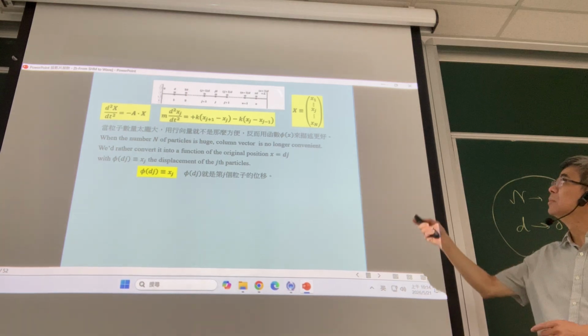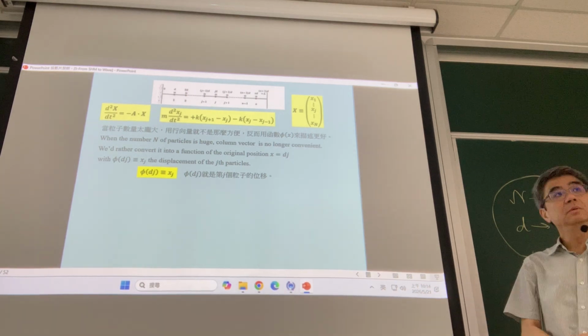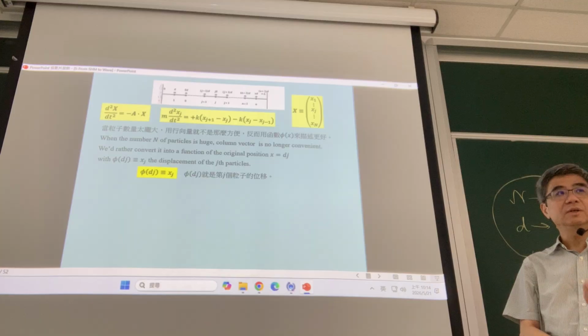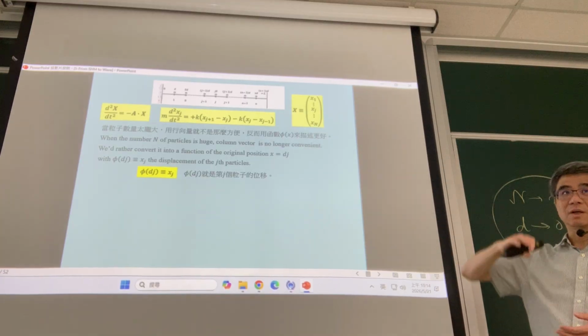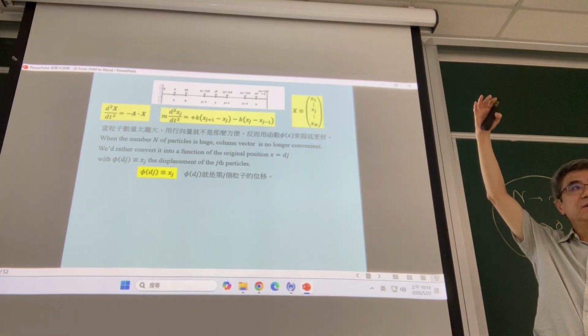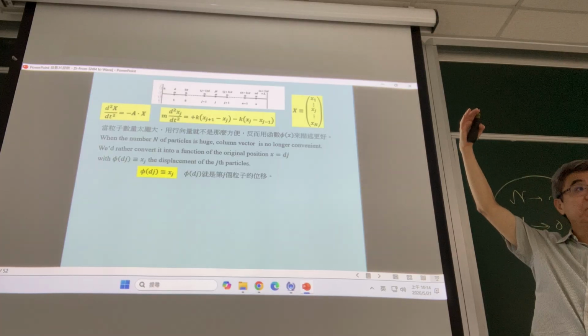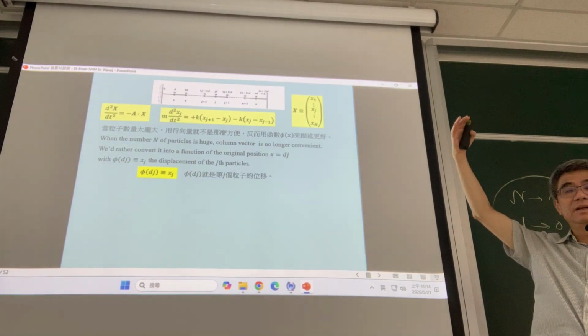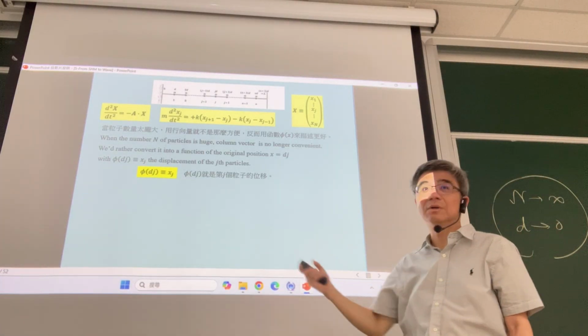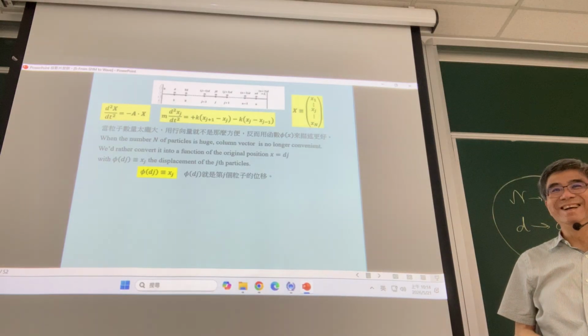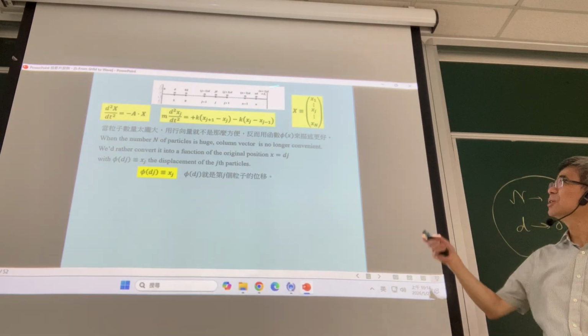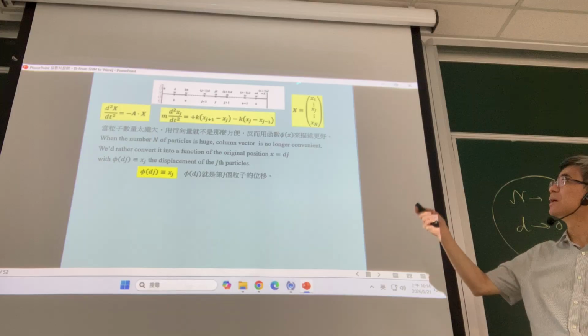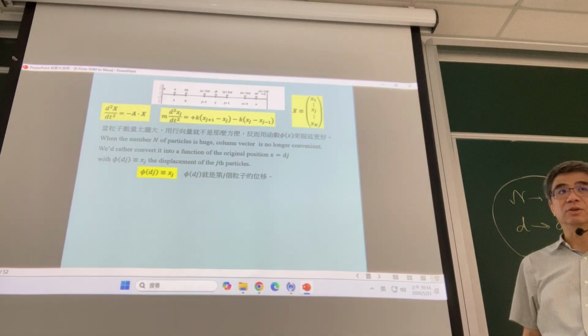The reason is simple. Because the column vector, when n equals infinity, is difficult to manipulate and difficult to calculate. But the function is everyday life, right? So therefore, I replace the column vector by a function.